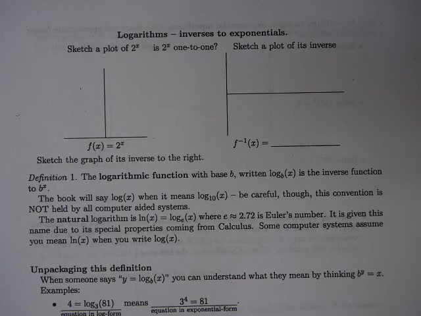So that's enough to sketch graphs, right? For instance, what does the graph of 2 to the x look like? Right, it has a horizontal asymptote: as x goes to negative infinity, 2 to the x goes to 0.